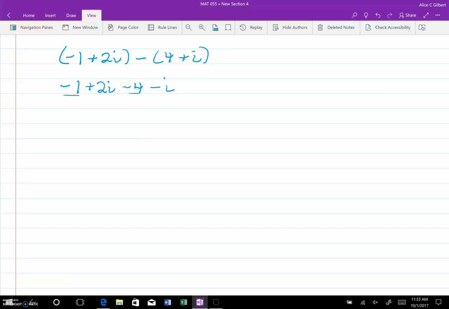Now I need the real parts, so that's an addition problem whose signs are the same. Add the numbers, keep the sign. So those are gone. And now these are like terms. So this is an addition problem whose signs are different. Subtract the small number from the big number, which is 1 and we don't write it, and keep the sign of the big number. And there we go.